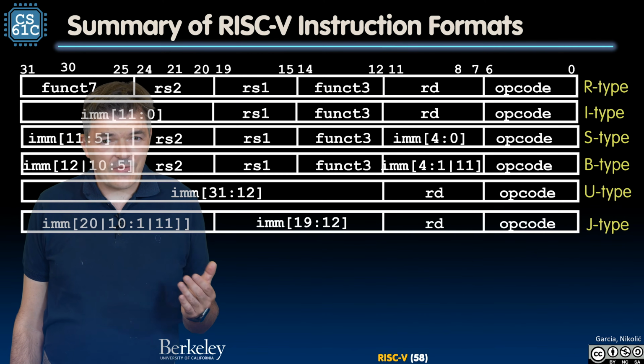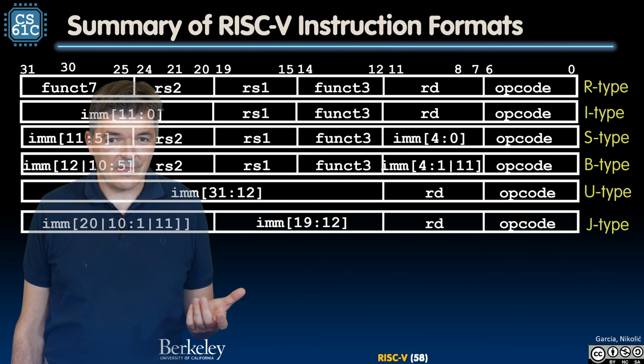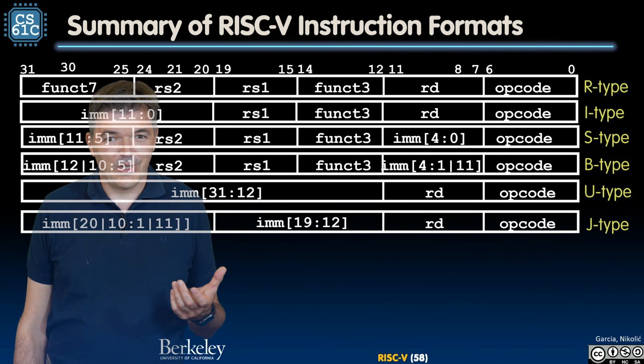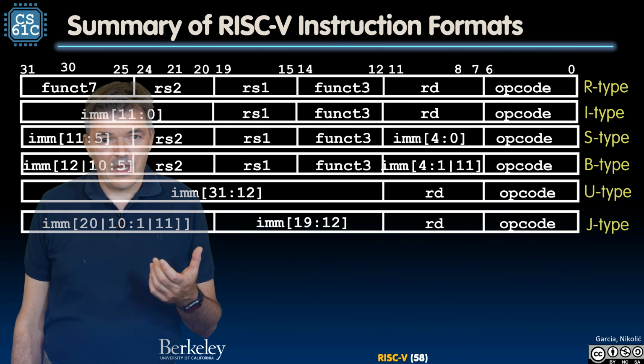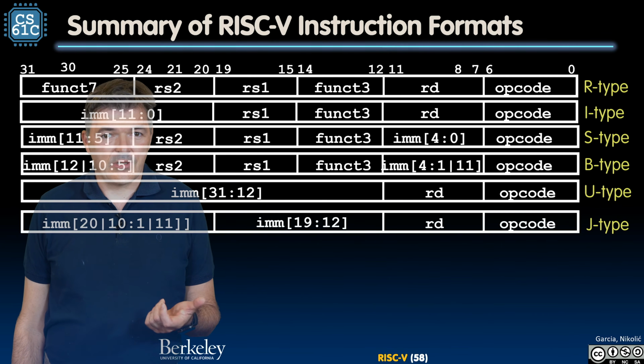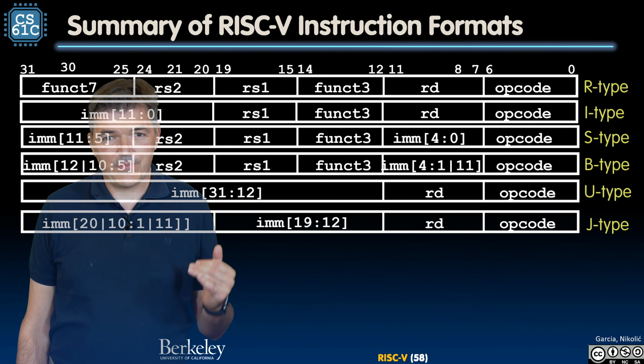The principles that we have seen here are that we have sacrificed some of the perhaps understandability of how the immediates are being formed for ease of hardware design. So things are always placed in the same place.